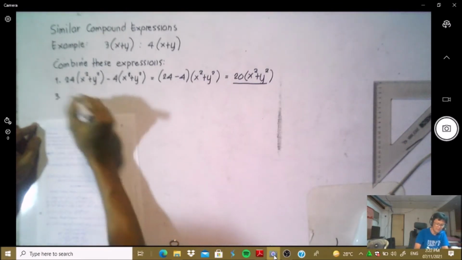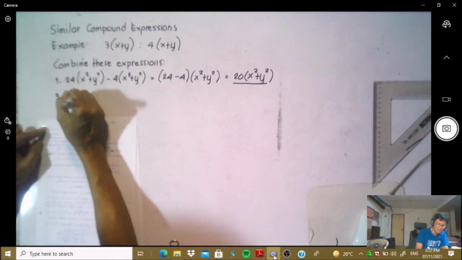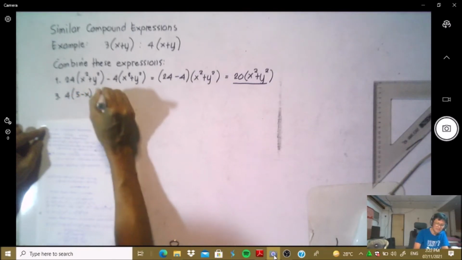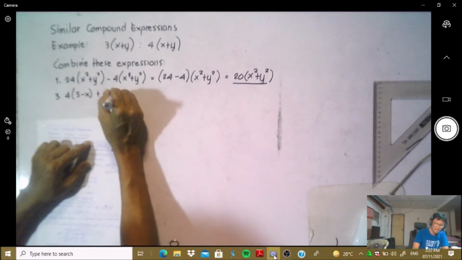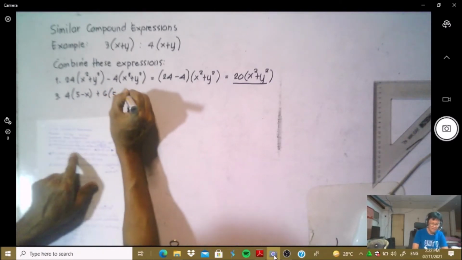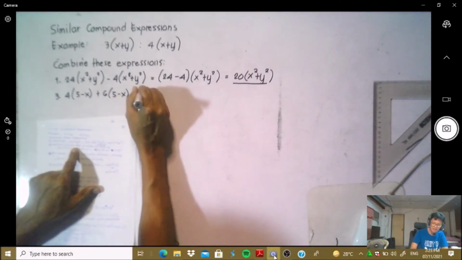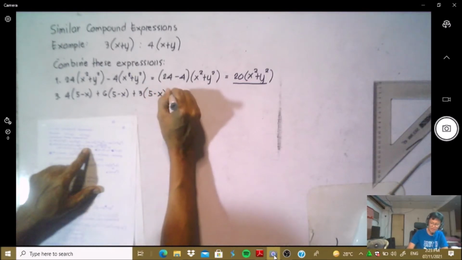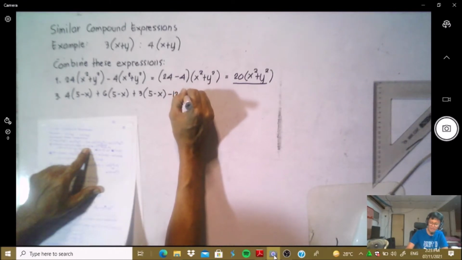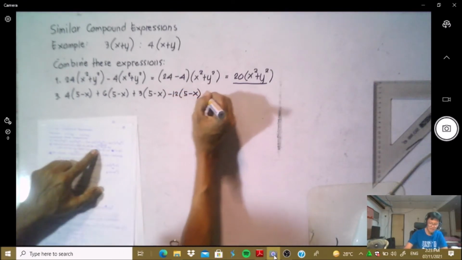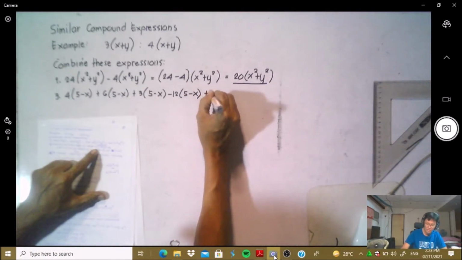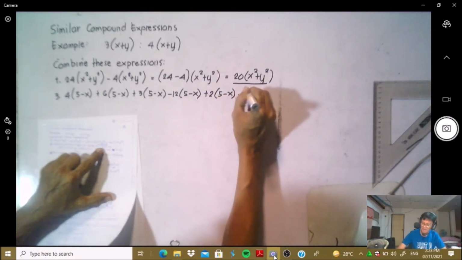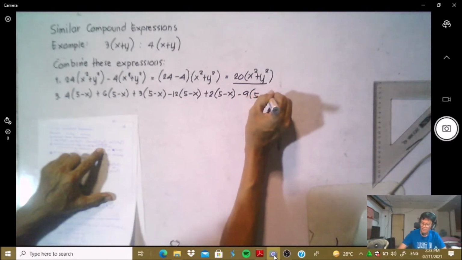And let's take the odd numbers. So I have number 3. You have 4 multiplied by the quantity 5 minus x, then plus 6 multiplied by 5 minus x, then plus 3 multiplied by 5 minus x, then minus 12 multiplied by 5 minus x, then plus 2 multiplied by 5 minus x, then last minus 9 times 5 minus x.